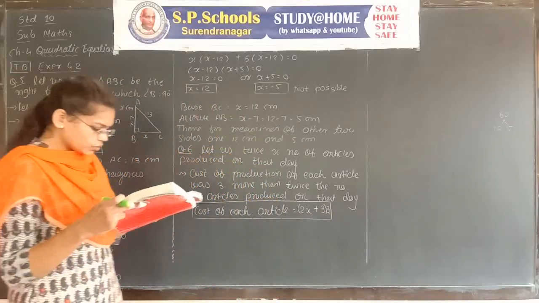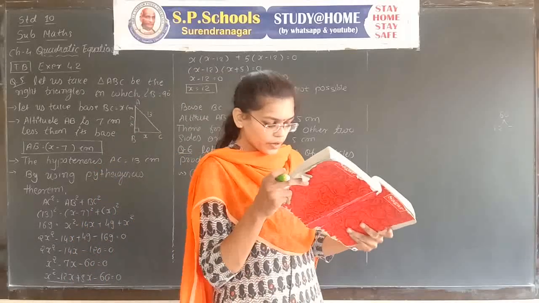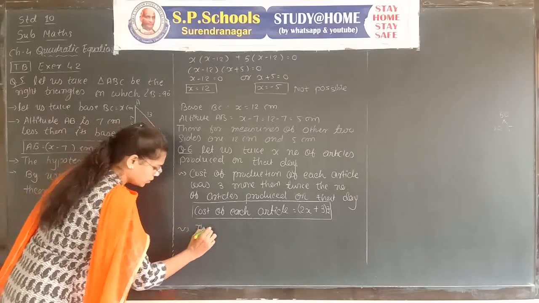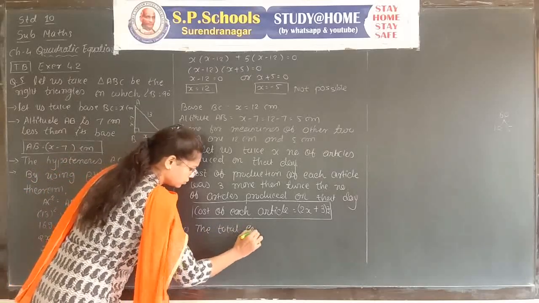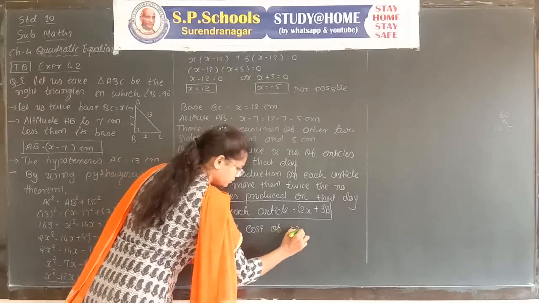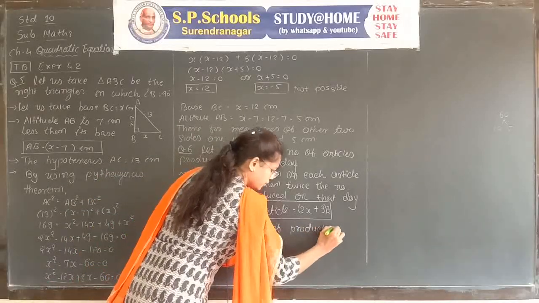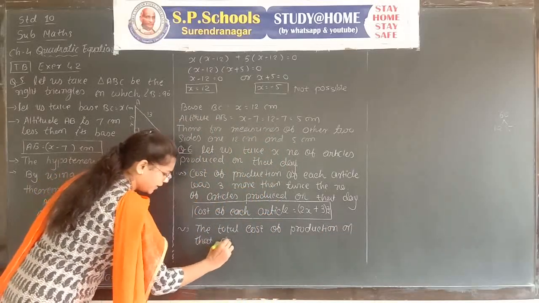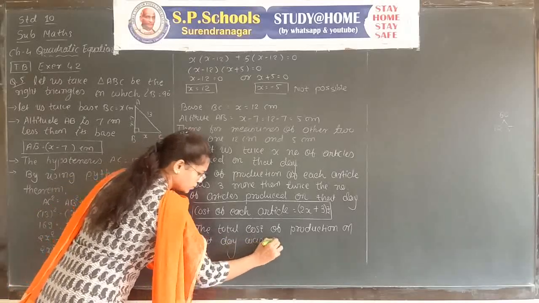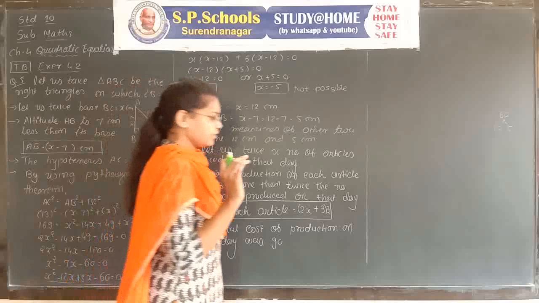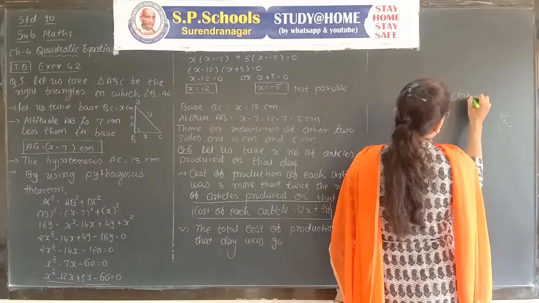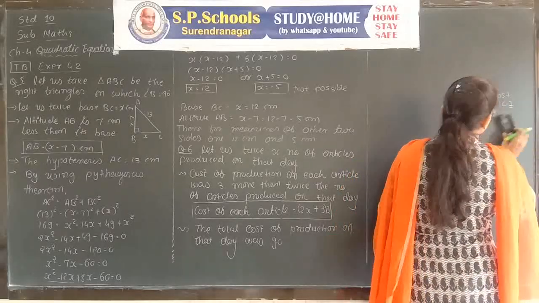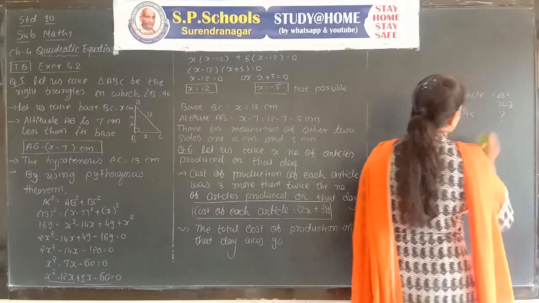Now in the question the total cost is given. The total cost of production on that day was rupees 90. If we say here the number of articles is 1 and the cost of one article is 10 rupees, then what is the cost of 15 articles?